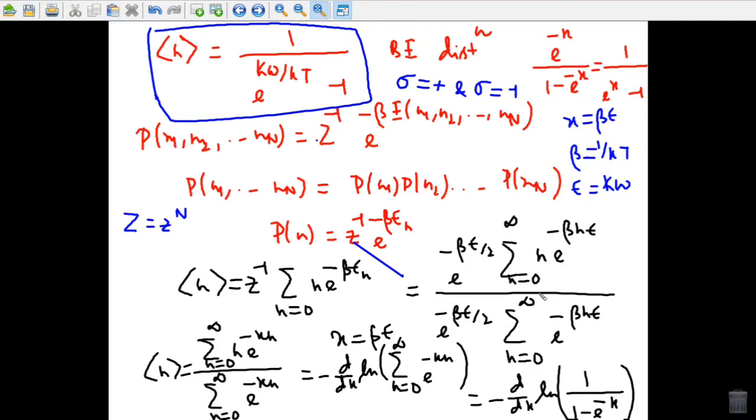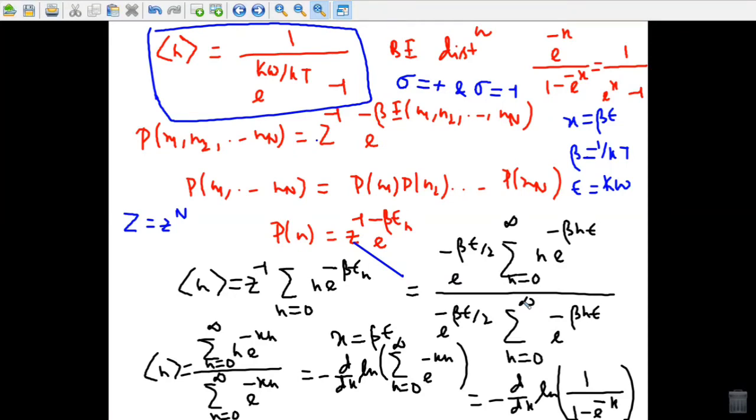To calculate the right hand side, we use a trick similar to one used in the previous problem: the numerator is the derivative of the denominator with respect to the variable x equals beta epsilon.